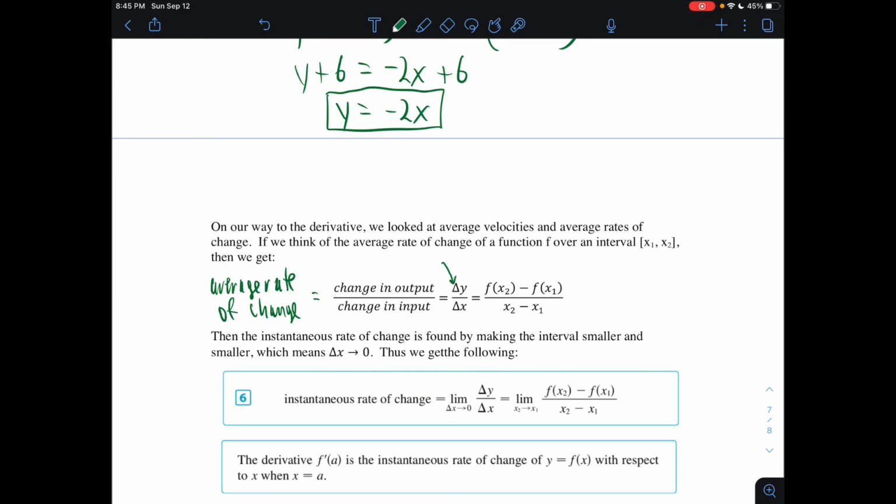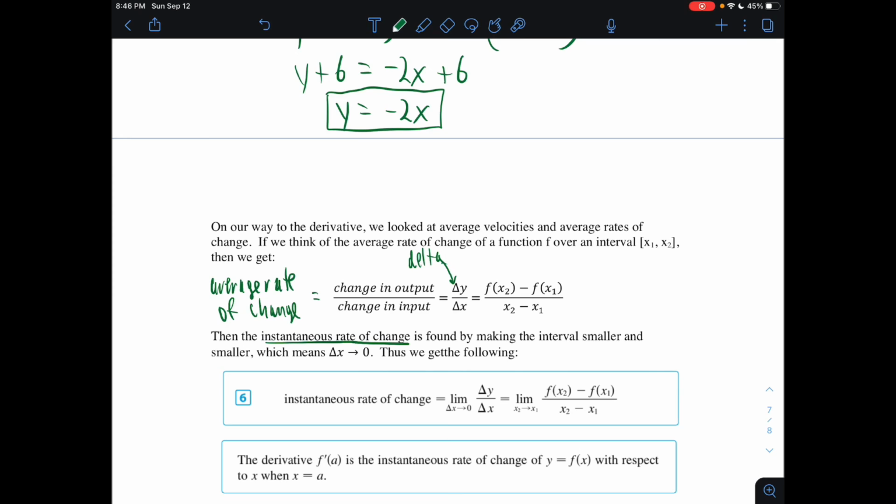That's what this little symbol here is, delta. And that's just, again, y2 minus y1 divided by x2 minus x1. Or in the case of using a function, f of x2 minus f of x1 divided by x2 minus x1. Then the instantaneous rate of change, just of the function, not instantaneous velocity, but just general instantaneous rate of change, is found by making the interval smaller and smaller, meaning x1 to x2 make that very small, which means that delta x approaches 0.